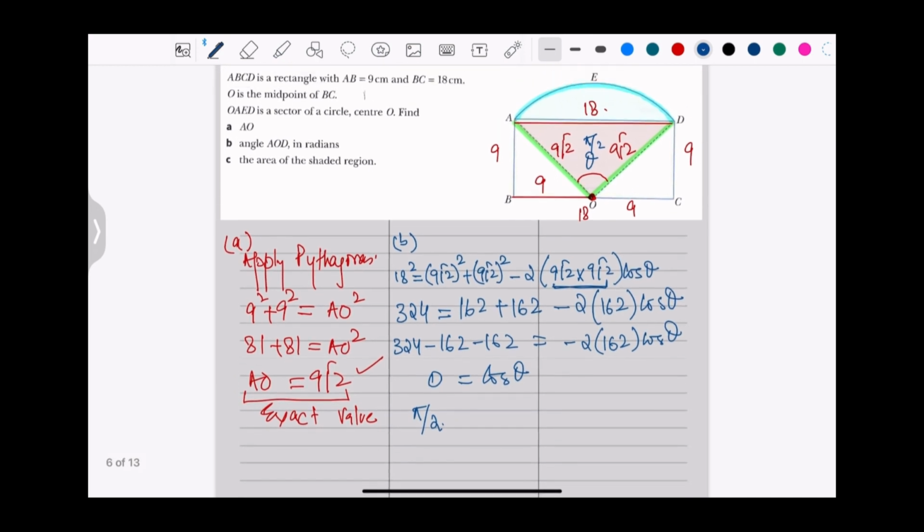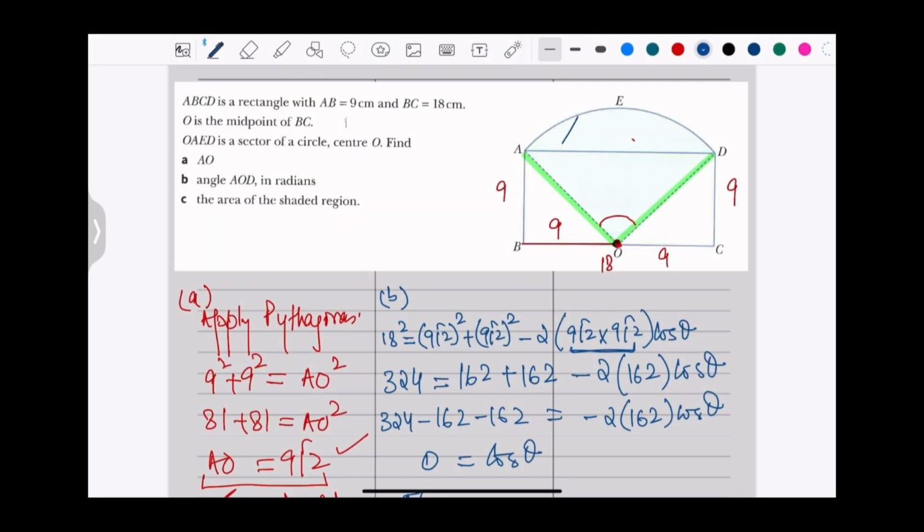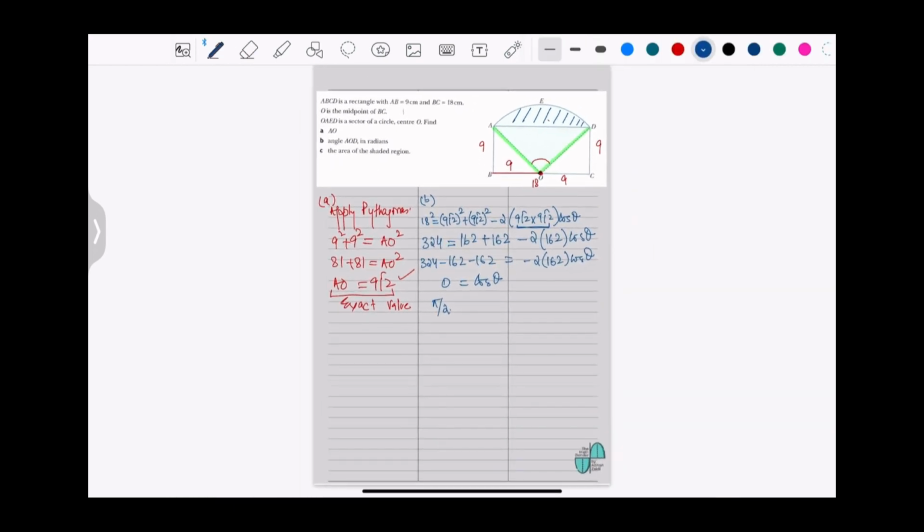So the area of the shaded region, it's actually this much area that was shaded. So area of shaded region is area of sector minus the area of triangle.